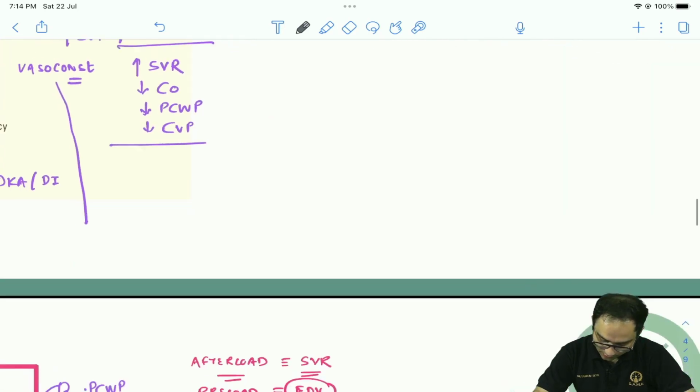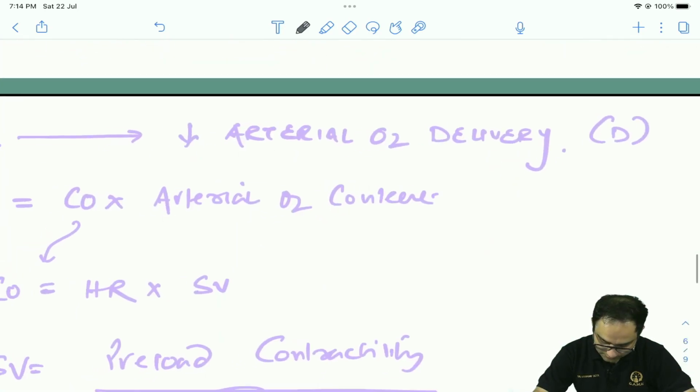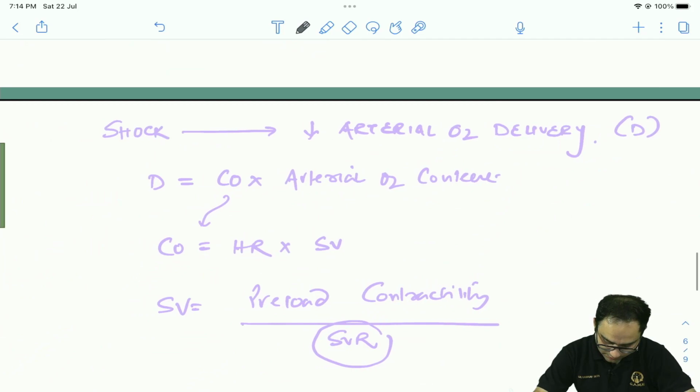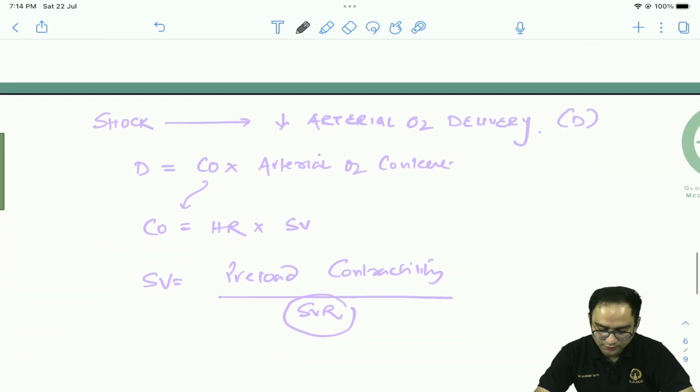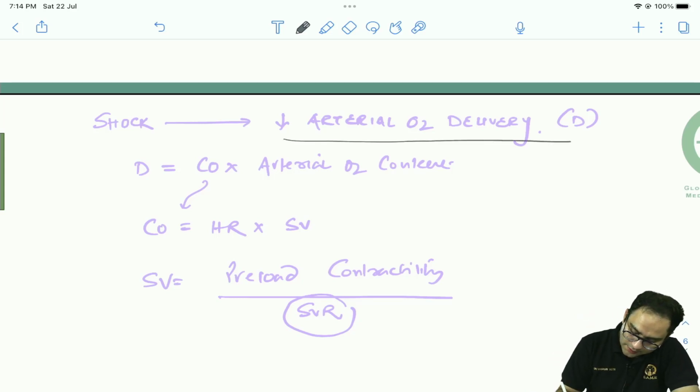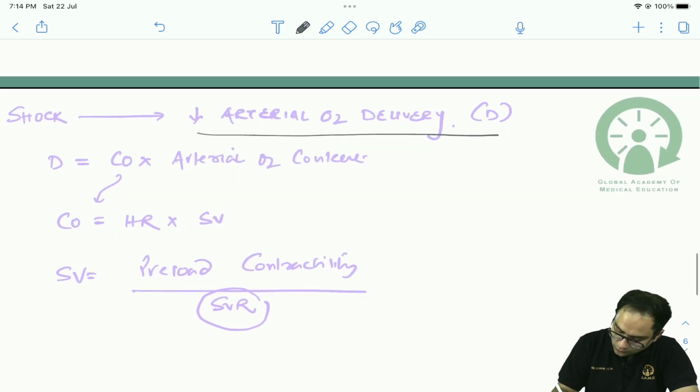Right? So now we'll read about the different formulas that you need to know for your shock classification, for your physiology that is related to the shock. So what we just discussed is that there is a tissue level hypoxia in a patient of shock.